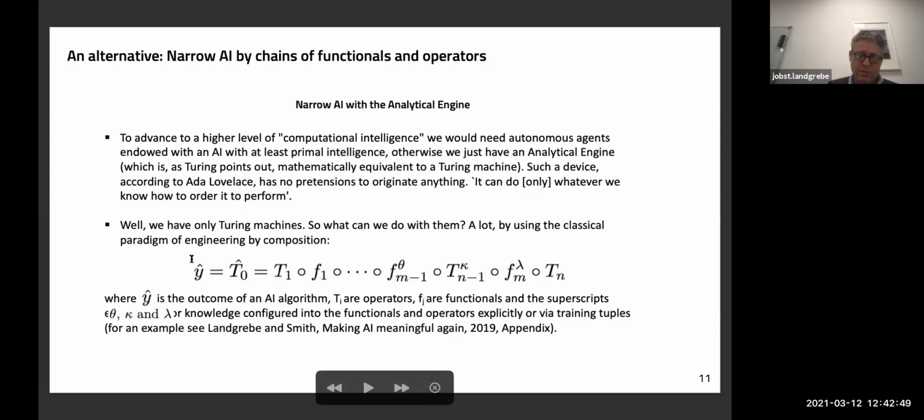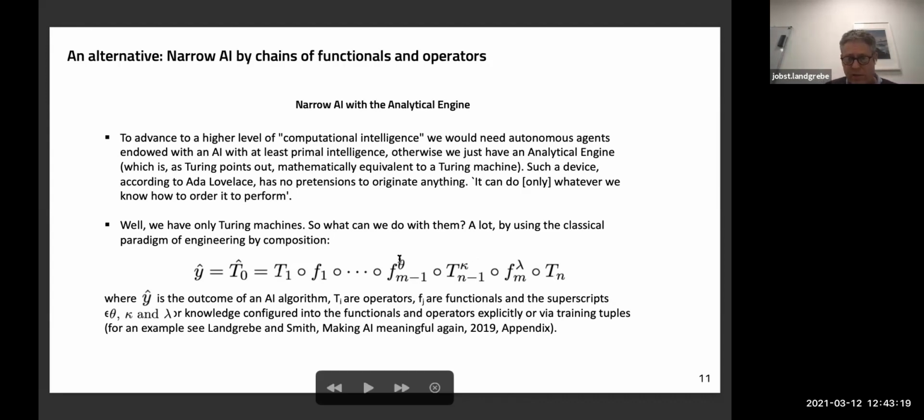And you can do this through engineering by composition, because here you see a chain of functions and operators that together achieve a very attractive outcome. You take a series of operators and functionals that you chain together: this operator takes an input, creates an output, gives it to this functional, and so on until you get the final result.